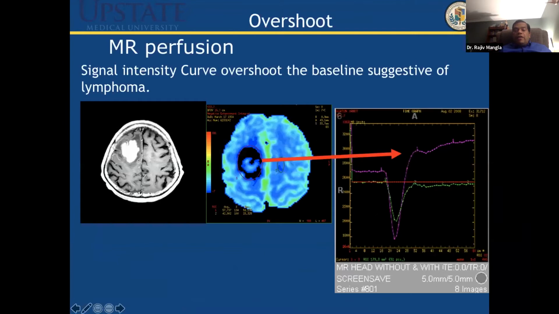And another thing which we found in MR perfusion, if I can show you, the normal curve is the green curve, it reaches the baseline. But in cases of lymphoma, what we found is that this curve overshoots the baseline.